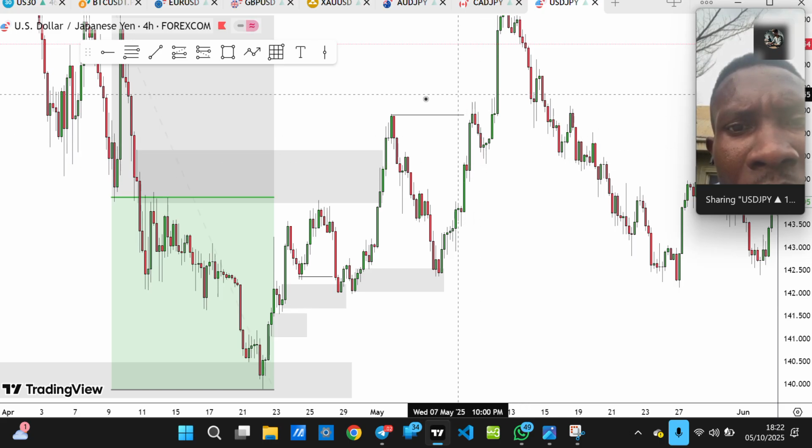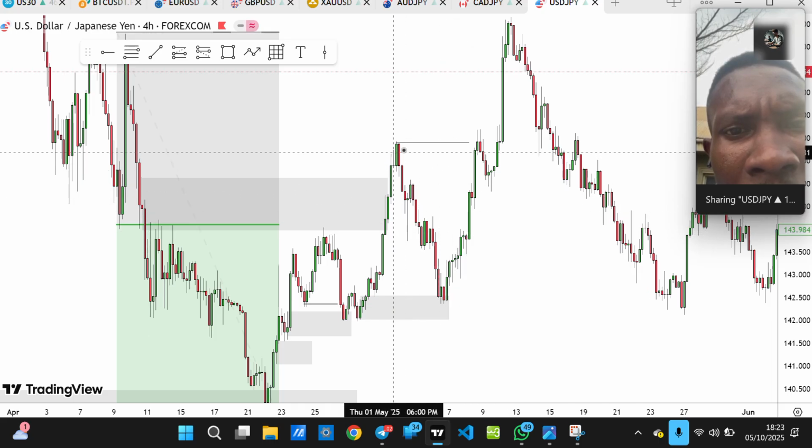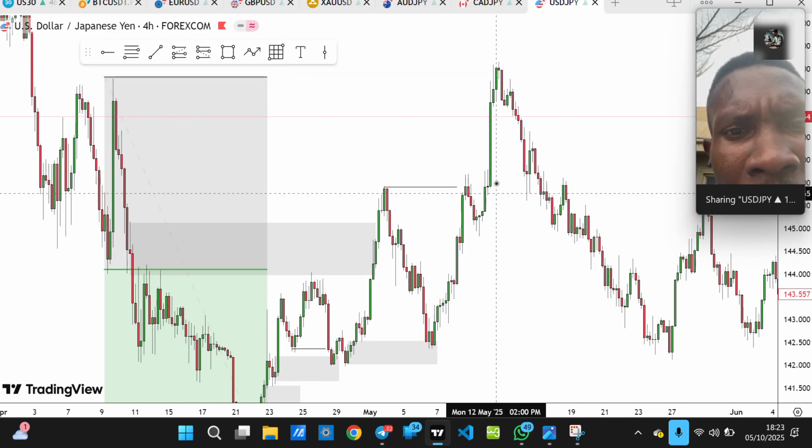Now, the reason why we call something a break of structure is when price is able to take out a particular high or low and continue in that direction, in the upward direction. So now, if we are able to take out this high and we are able to continue in the upward direction, then that means we had a break of structure.